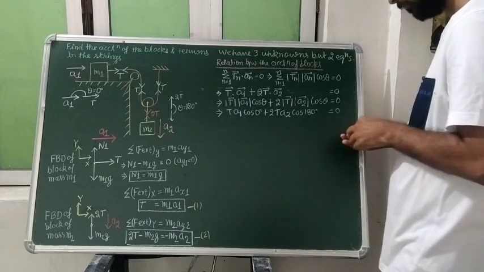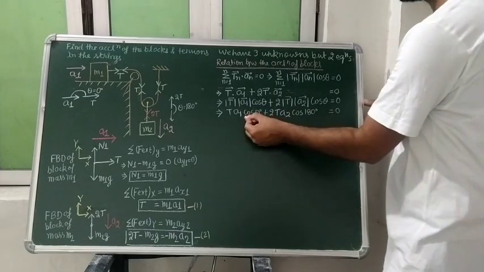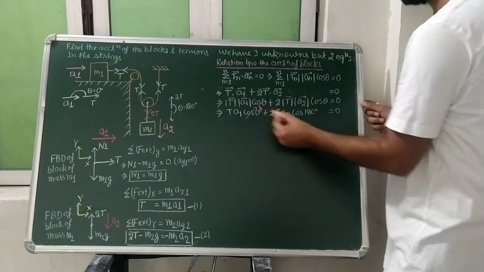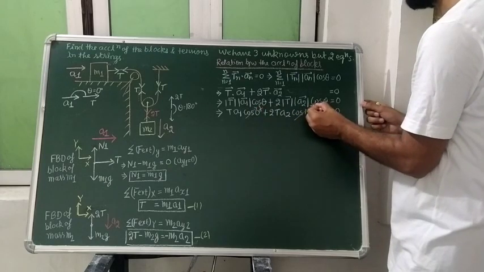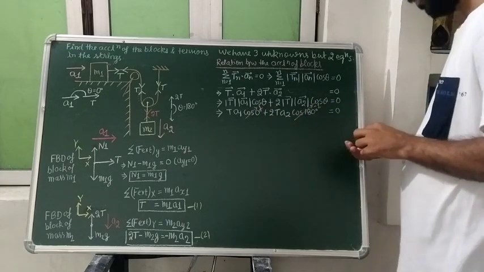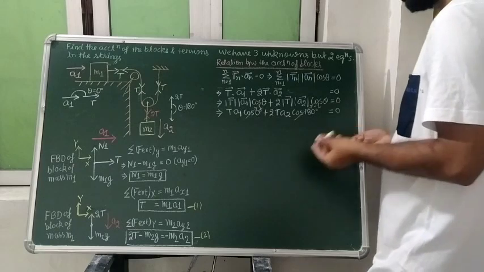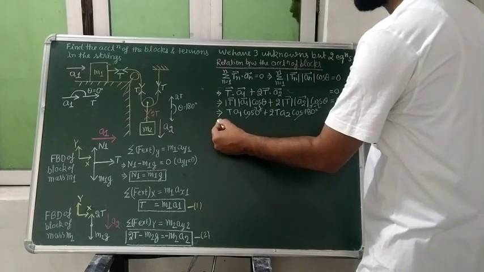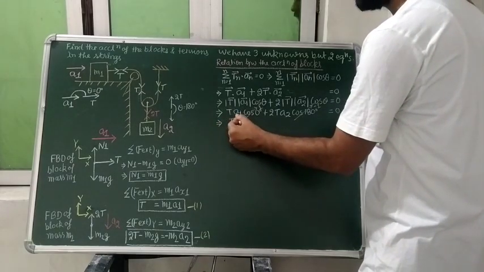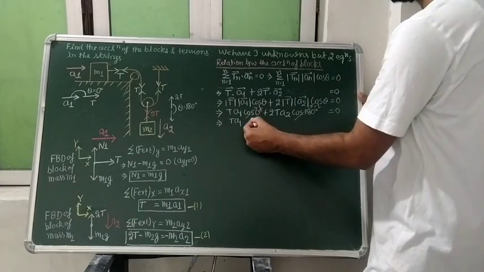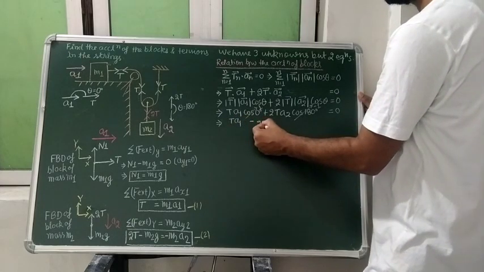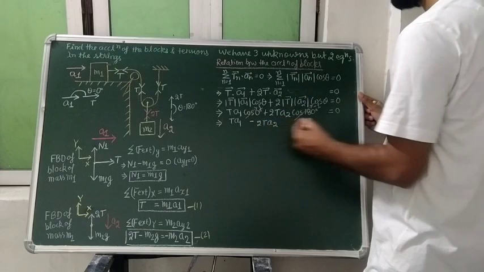So obviously, cos 0 is what, students? Cos 0 is 1. Cos 180 is minus 1. So it will become T A1 here, and here it will become minus 2T A2.